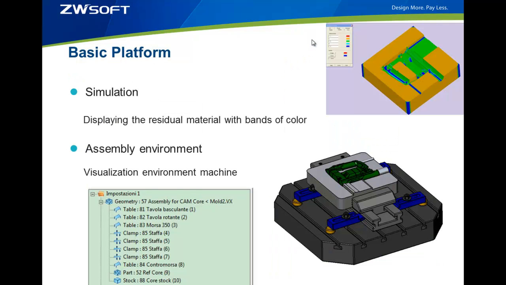Besides the functionalities, ZW3D CAM also has a powerful basic platform. What can the basic platform do for the user? The first thing is that it provides a simulation. It's a real simulation to simulate the process. It also can provide an assembly environment to provide a visualization environment of the machine.